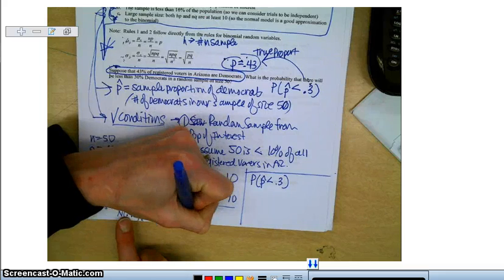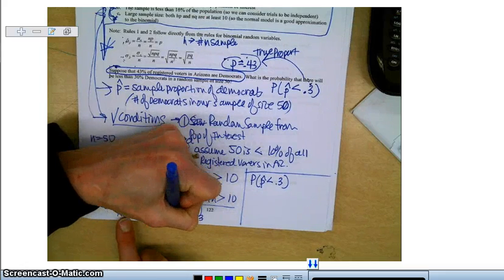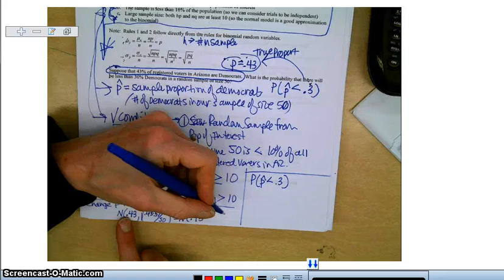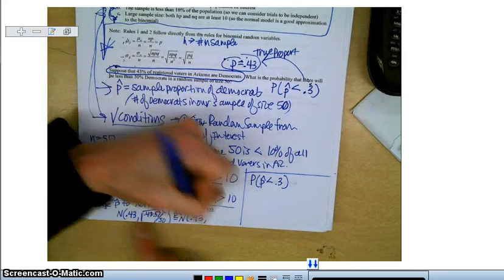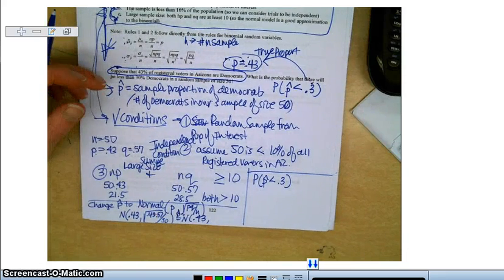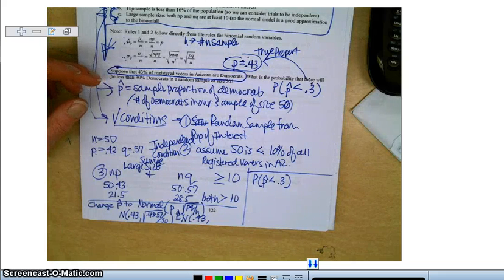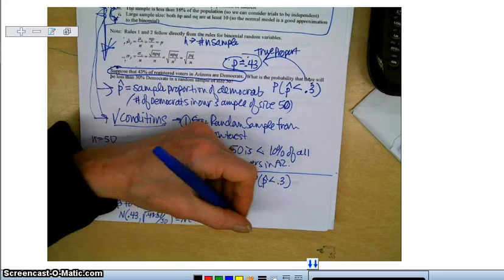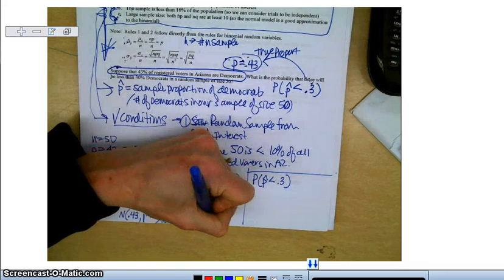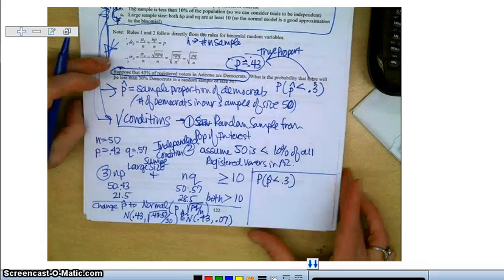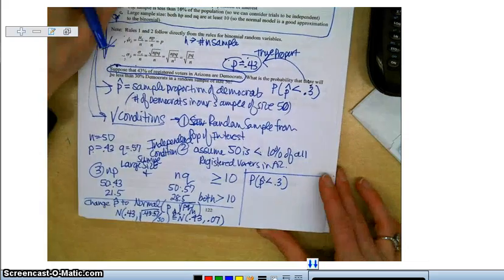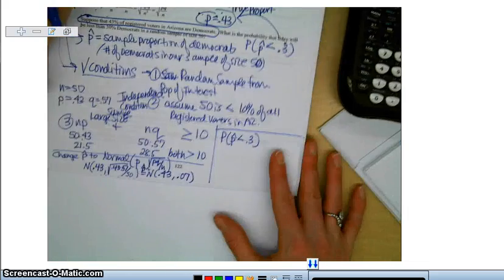So P hat is approximately normal, 0.43 is the mean. The standard deviation, the square root of 0.43 times 0.57 divided by 50, is 0.07. I ran out of room, so I'm going to finish this right down here.